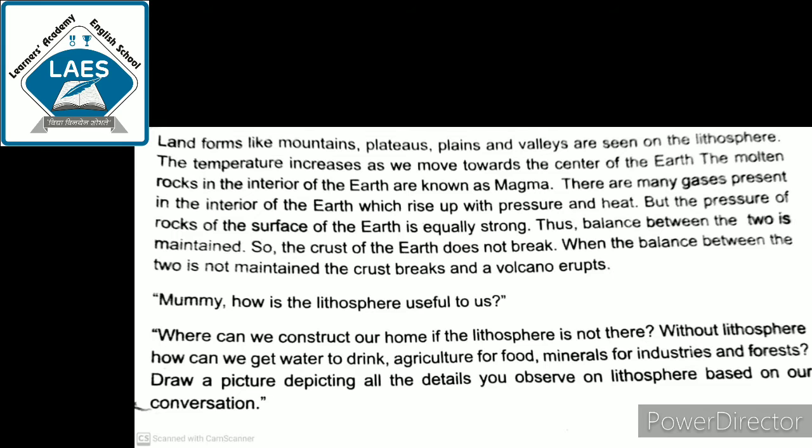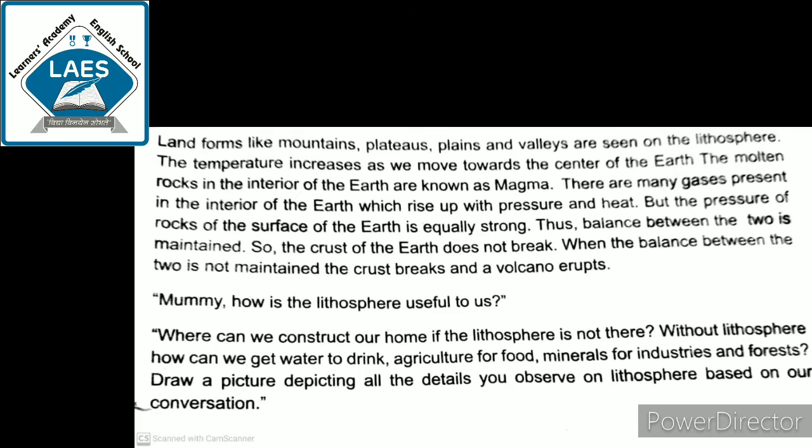The temperature increases as we move towards the center of the earth. The molten rock in the interior of the earth is known as magma. There are many gases present in the interior of the earth. When the pressure and heat arise, the pressure of the rock on the surface of the earth is equally strong.